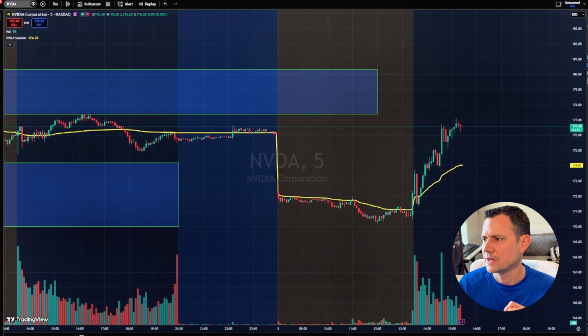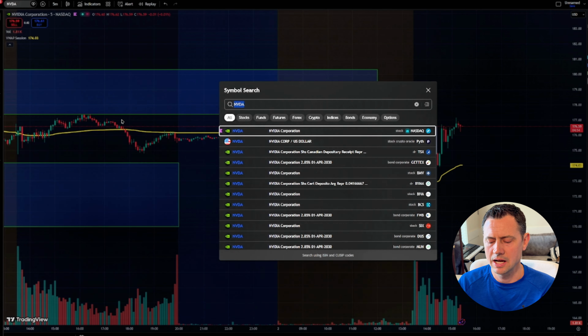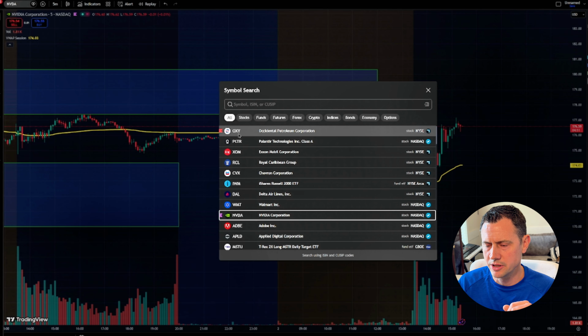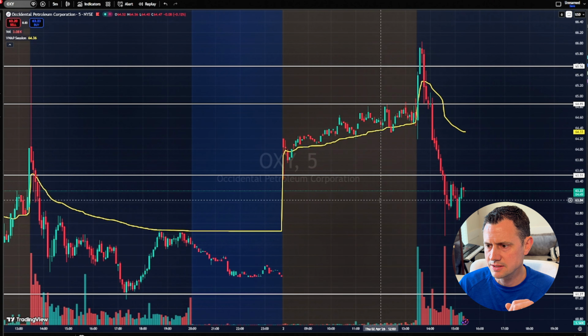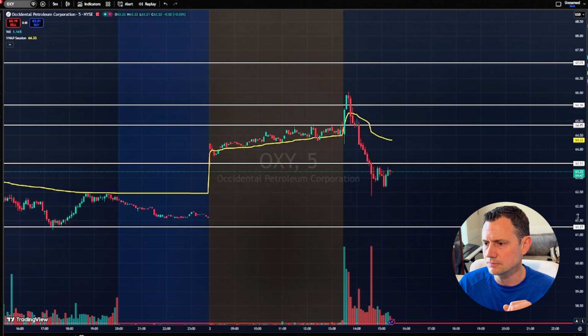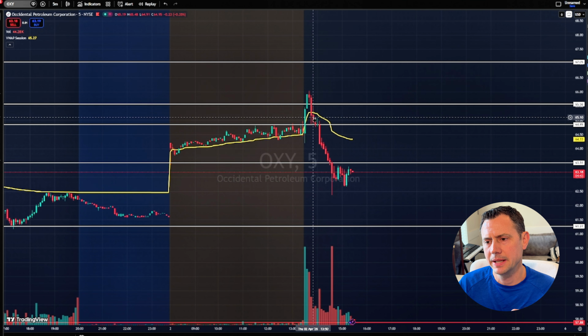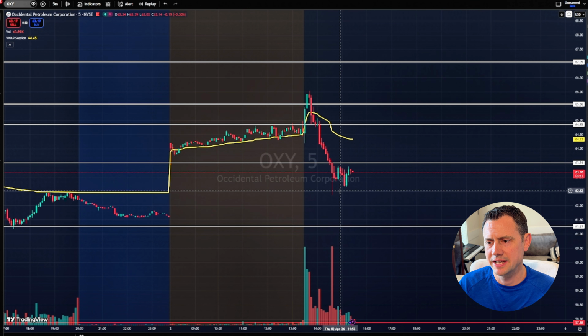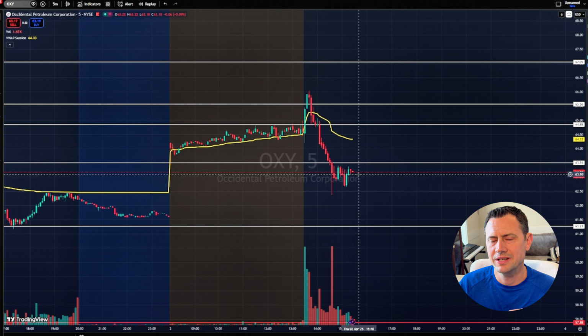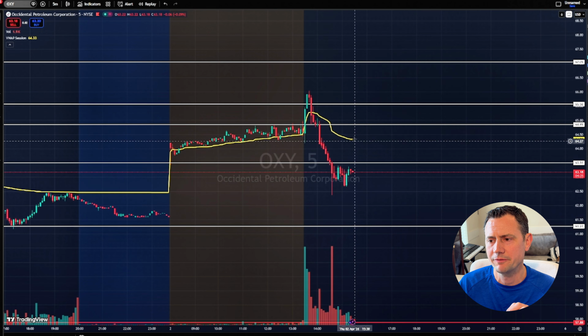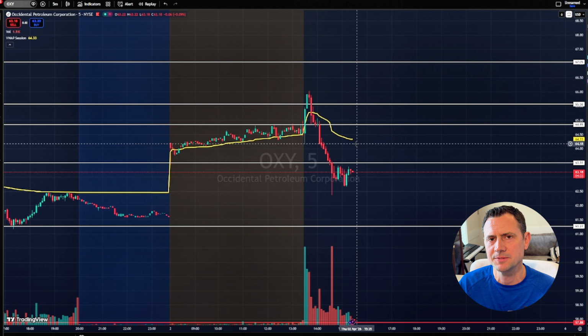Now let's look at, I know this company here opened up big and then kind of came down. So let's see what Oxy's doing. Now on the flip side, Oxy opened up big, but got an initial push down, right? So now I would not want to enter a bearish position here because of how far we are away from VWAP. So we risk coming back up to VWAP.